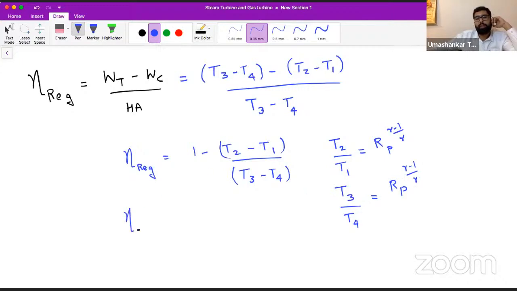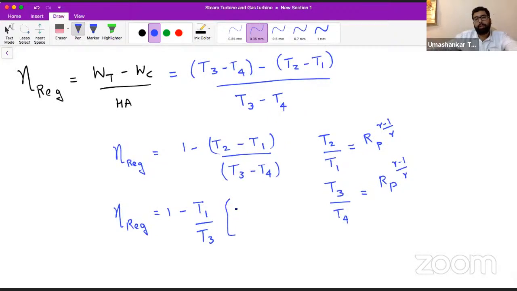So from this relation, if in the numerator we take T1 as common, and in the bottom we take T3 as common, this equation will become somewhat like this: T2 by T1 minus 1, divided by 1 minus T4 by T3.